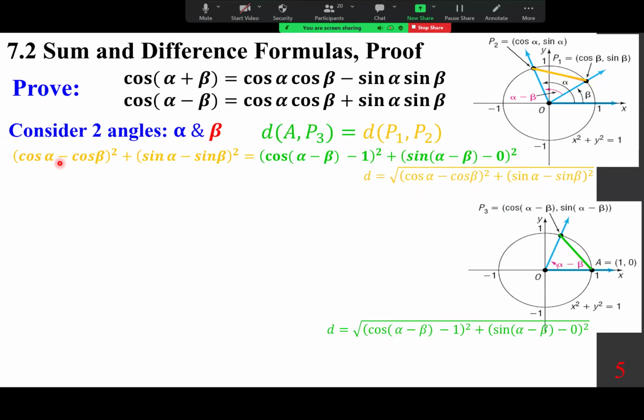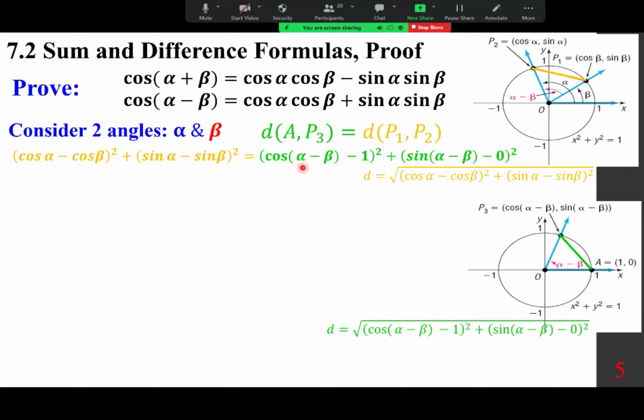So this is cosine squared alpha minus 2 cosine alpha cosine beta plus cosine squared beta. This one, sine squared alpha minus 2 sine alpha sine beta plus sine squared beta. So that's the left side.